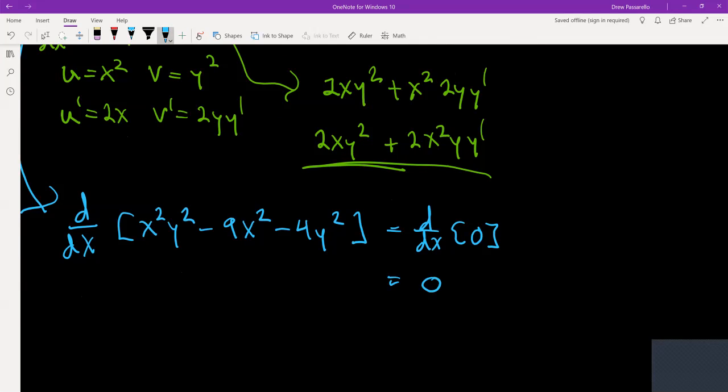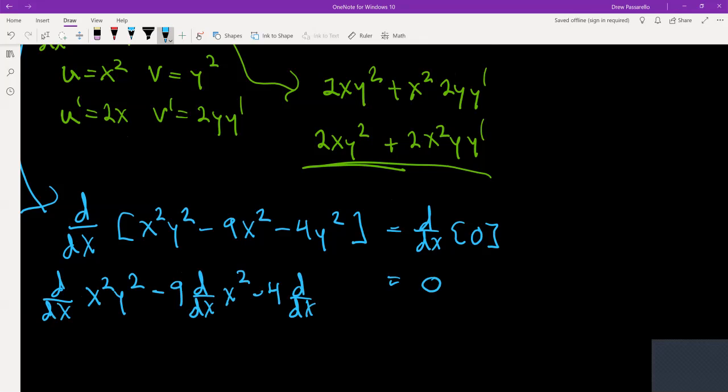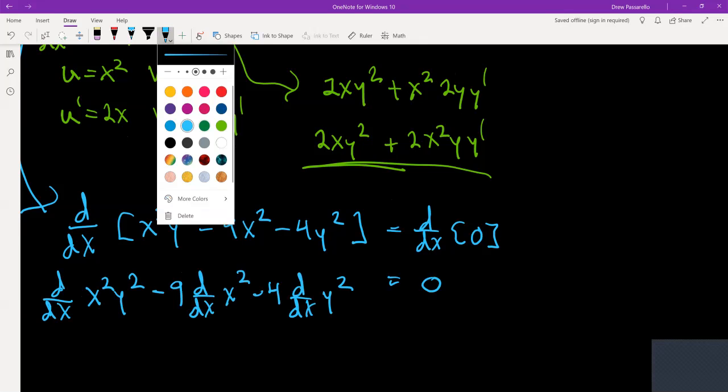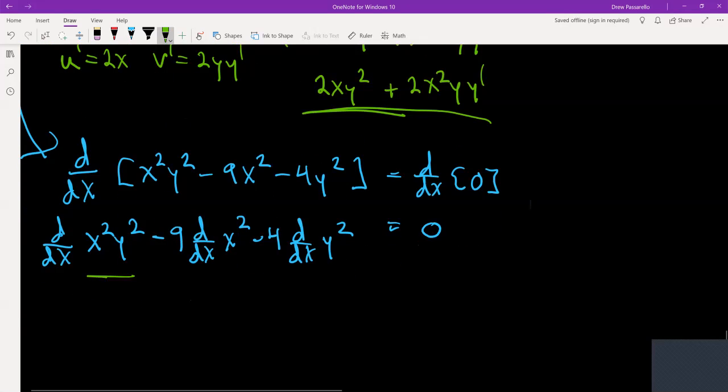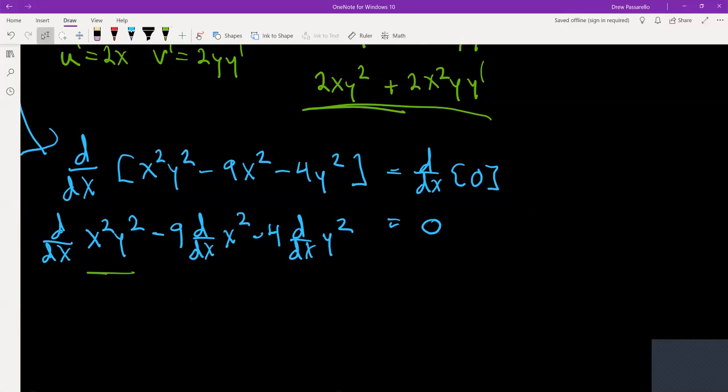If I distribute the operator to each term, and then for the minus 9x squared, I'm going to go ahead and factor out the minus 9, and then write it as d dx of x squared. And then similar thing for the minus 4y squared, I'll factor out the minus 4, and then d dx of y squared. And then we already found the first piece. That was what I had in green. That's 2x y squared plus 2x squared y y prime.